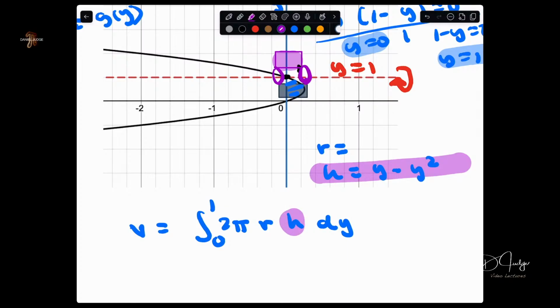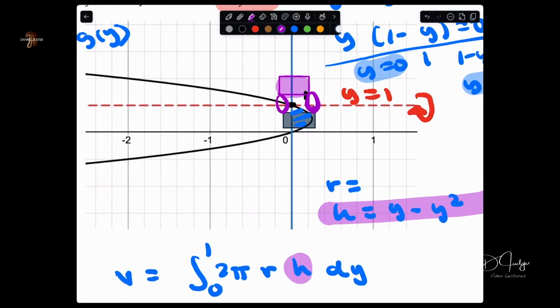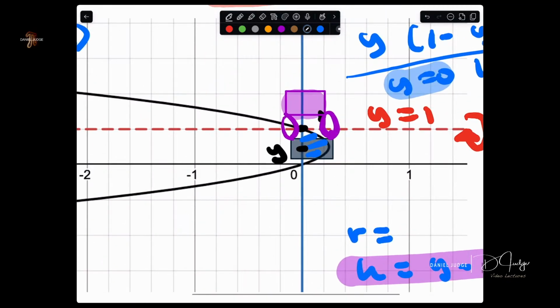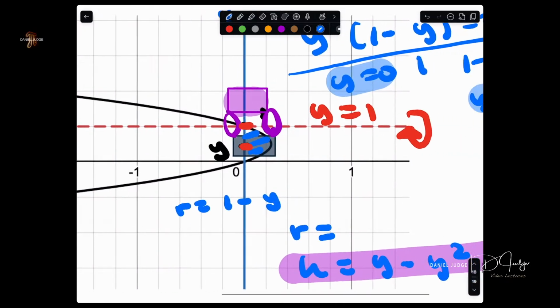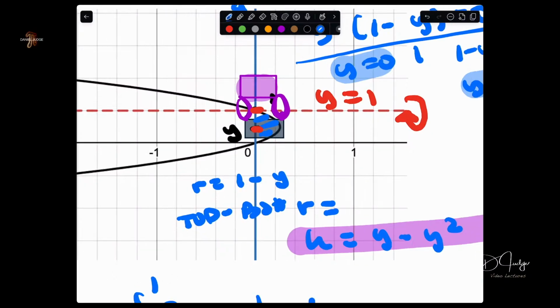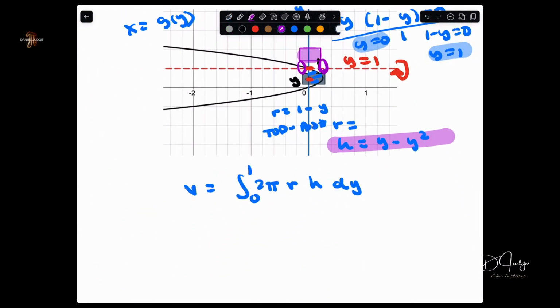The radius, though, let's see if we can figure it out. This is going to be some arbitrary y value, and we just need the distance from that arbitrary y value to this line, which is 1. So your radius will be 1 minus y, the top value minus the bottom value.